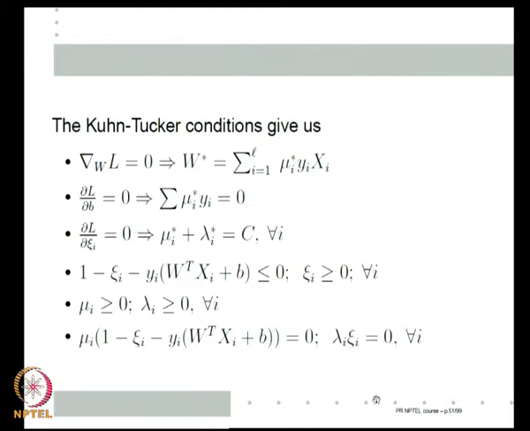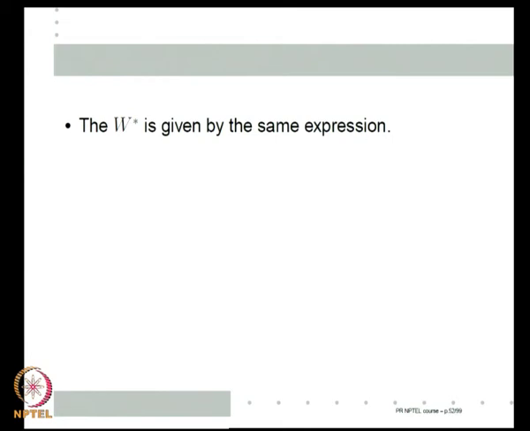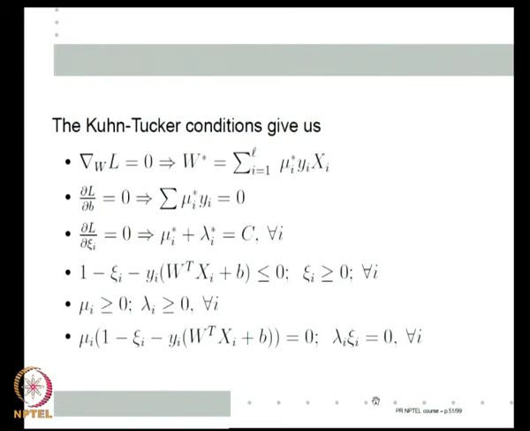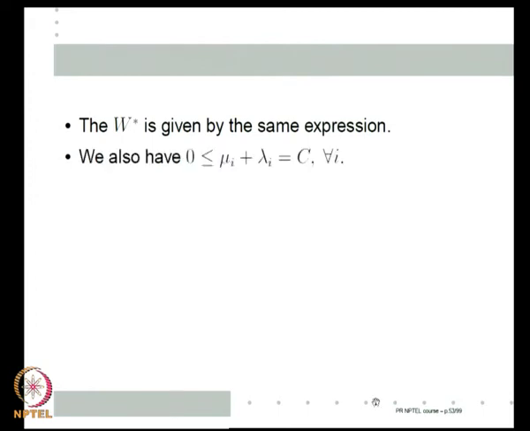Let us see what this means. W star is still given by the same expression as you have already seen. We also have the extra condition mu i plus lambda i is equal to C for every i, and because both mu i and lambda i are non-negative, each of them lies between 0 and C. What does this mean?